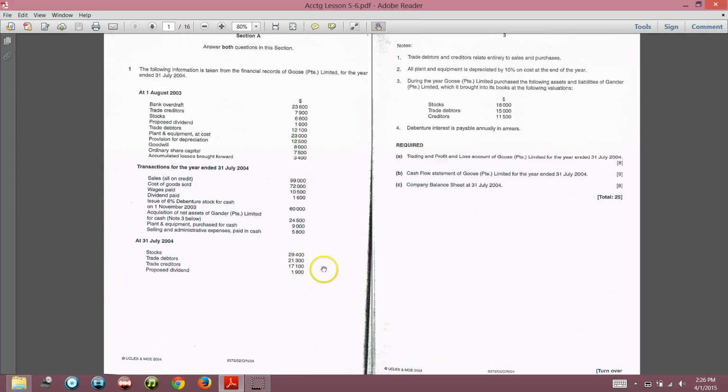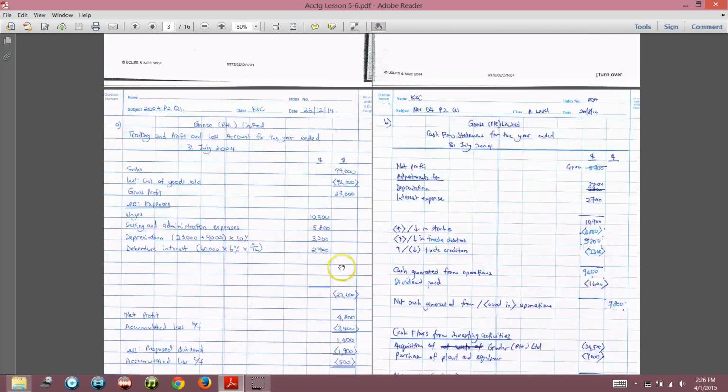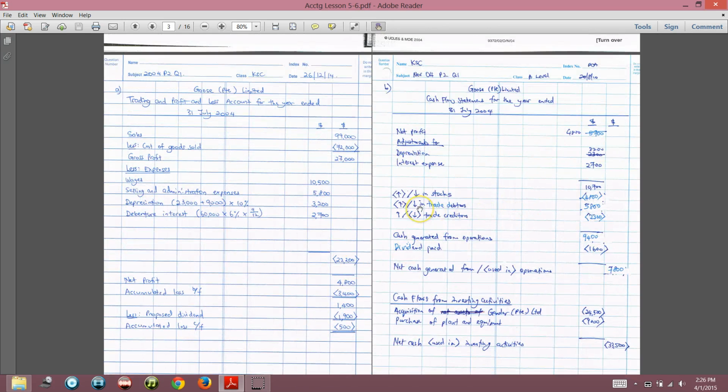Decrease in trade debtors is money coming in. Trade debtors means they owe me the money. So if the trade debtors decrease, that means they pay me back, and if they pay me back, it's money coming in. So the money coming in from trade debtors is 5,700.